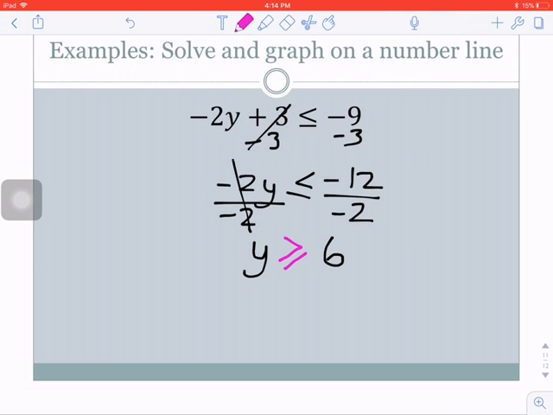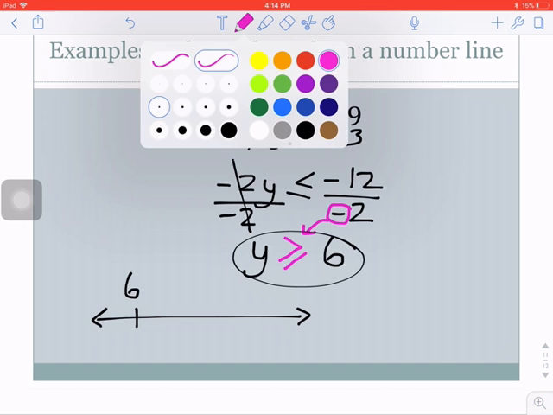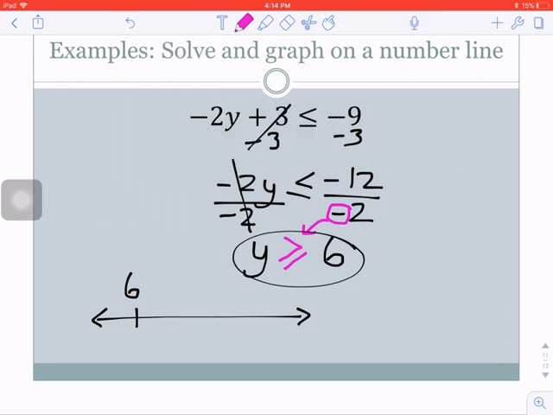Just a really quick reminder, that is why it switches, because you just divided by that negative, so it is greater than or equal to. That's our answer, and let's graph it. Here's 6. It's greater than or equal to, so fill in that point. Don't make it hollow. It's a filled in point.